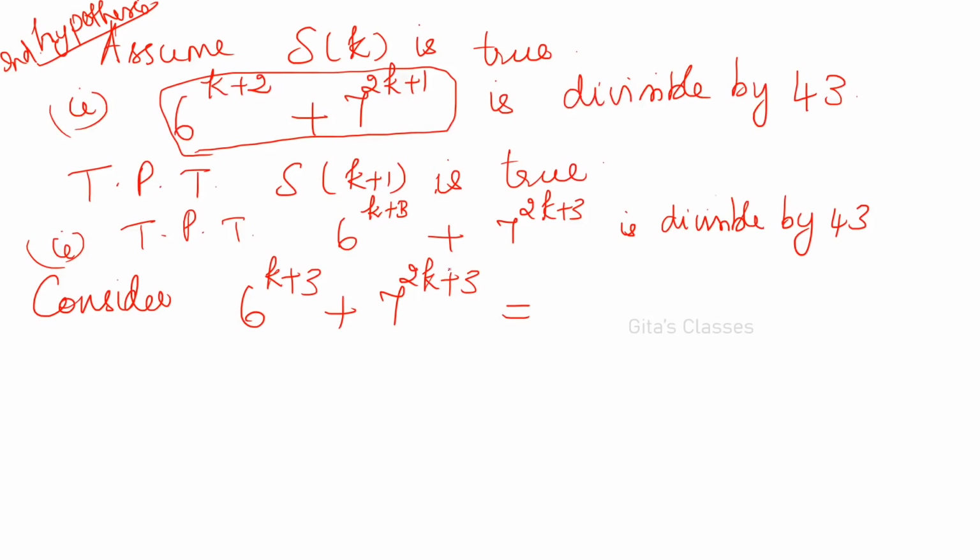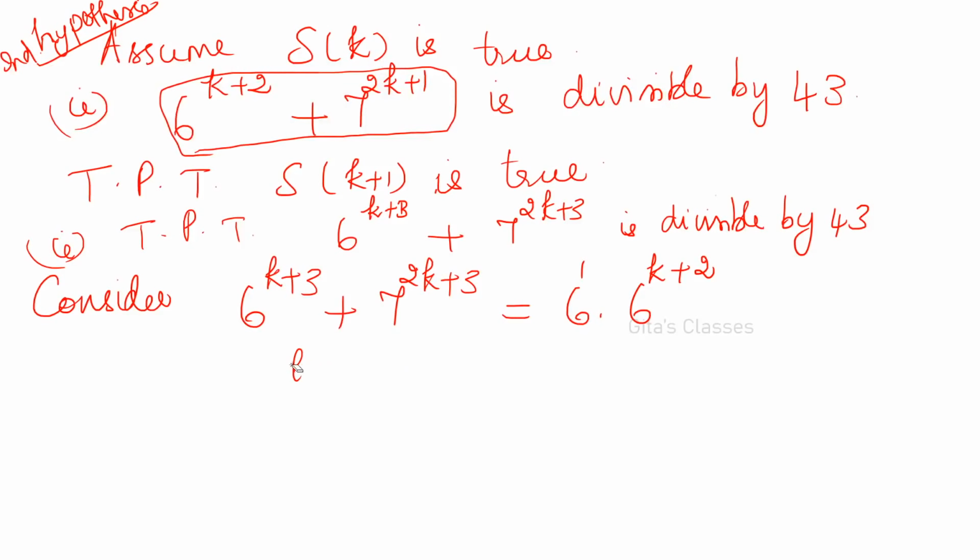So 6 power k plus 3 can be written as 6 power k plus 2 plus 1, or 6 power 1 into 6 power k plus 2. This is what I am going to split like this.